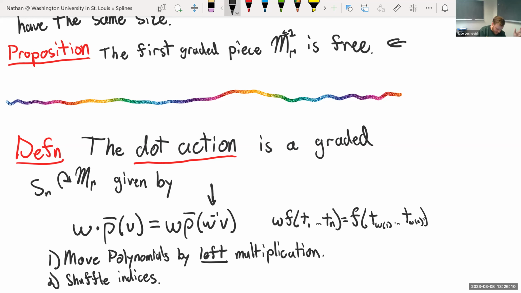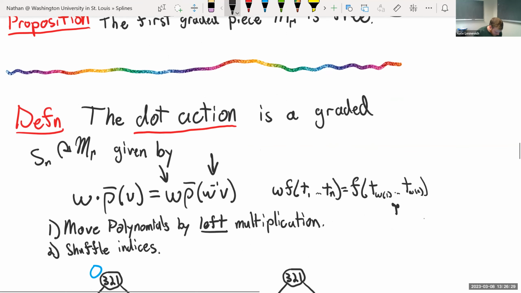And it's going to shuffle the indices of the permutation of the polynomial that you see there, also by W. We can do that in either order, it doesn't matter. We move them by left multiplication, and then we shuffle around those indices.